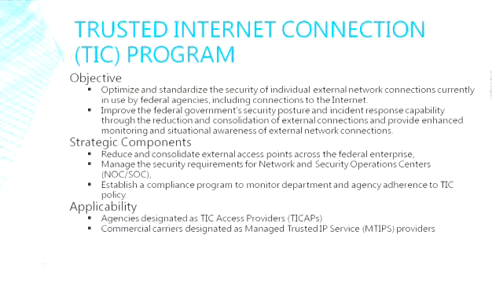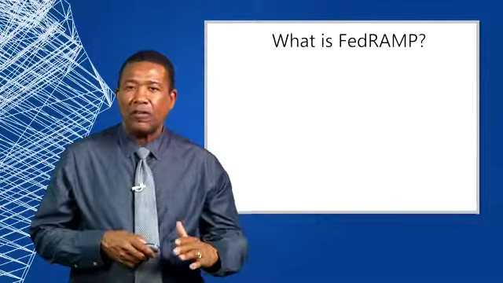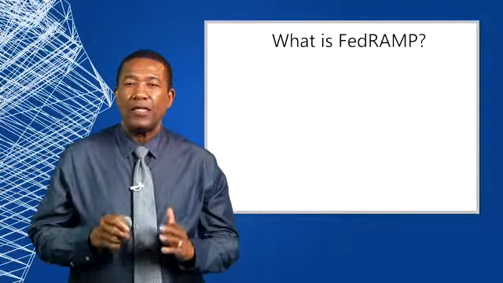This is applicable to any agency that's designated as a TIC access provider and all commercial carriers that have been designated as managed trusted IP service providers. All federal executive civilian agencies that are procuring network services or using TICAP services must also comply with the TIC program. FedRAMP lays the foundation for a secure government community cloud.